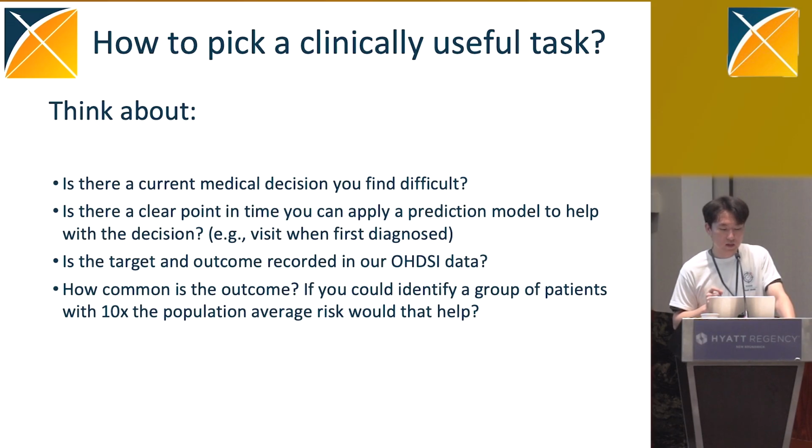Based on our previous structured question, we may further think about whether this question is really needed in clinical practice. Is there a current medical decision you find difficult? Is there a clear point in time where you can apply a prediction model to help with decisions? Are the target and outcome recorded in our data as well? And how common is the outcome in our database?